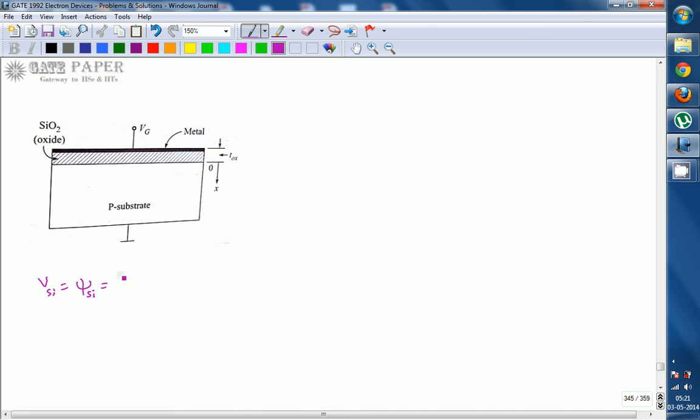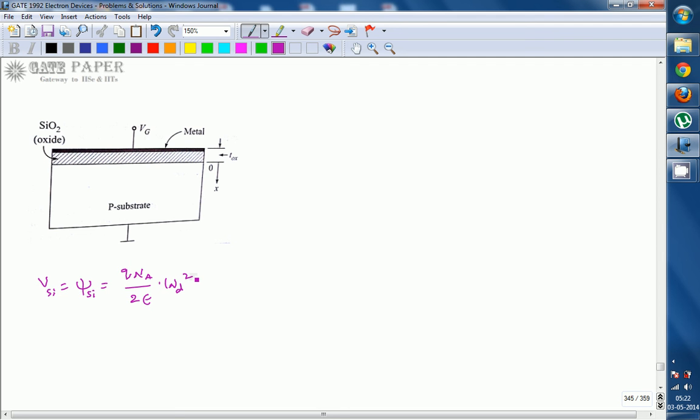That can be calculated using q times Na divided by 2 epsilon into WD square, which is the voltage across the depletion region, which is going to be the same as the diode voltage under reverse bias.